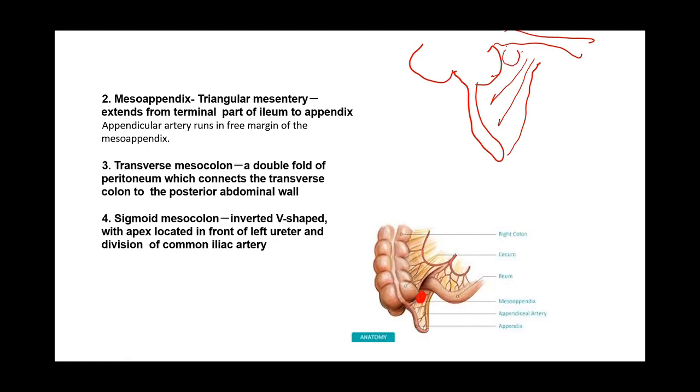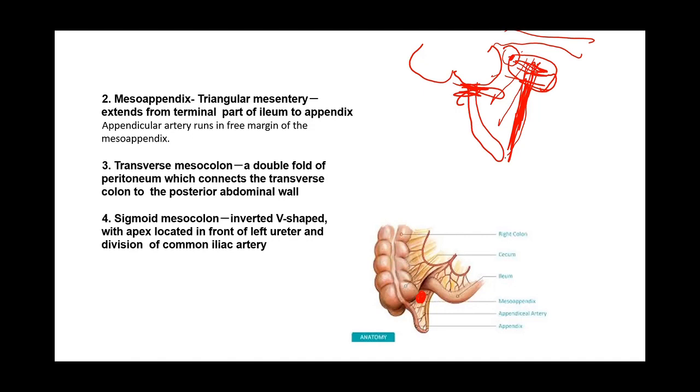So you create a window, you put your clamp on this artery, you suture ligate and excise before you now tackle the appendix. You can't just go and start removing the appendix when the blood supply is intact.